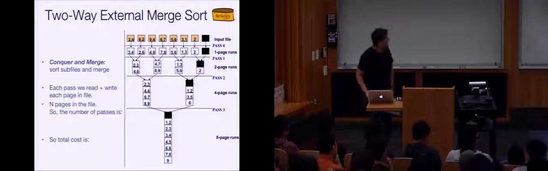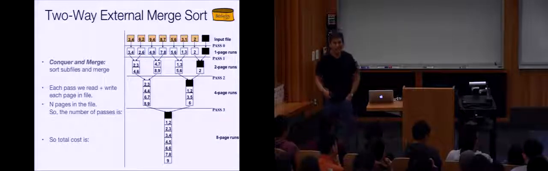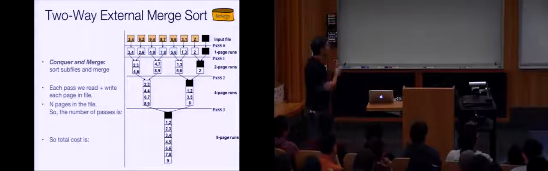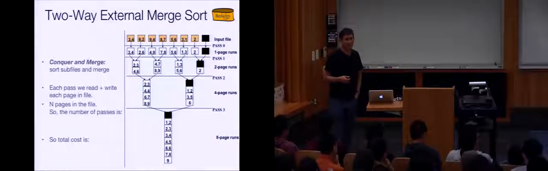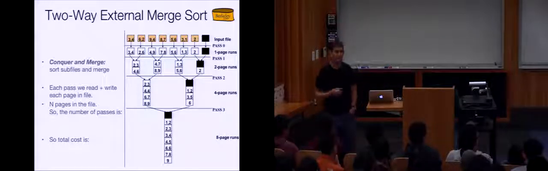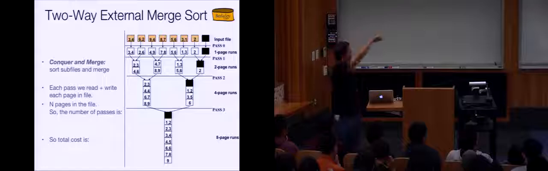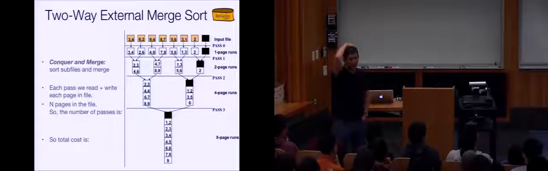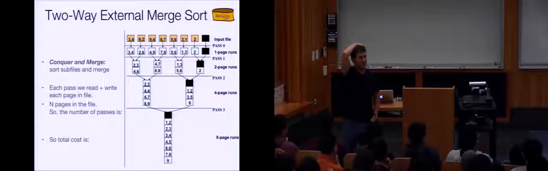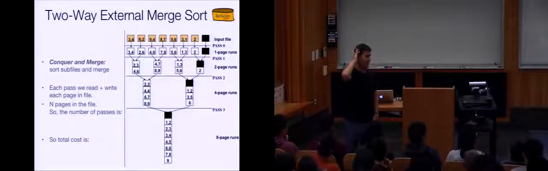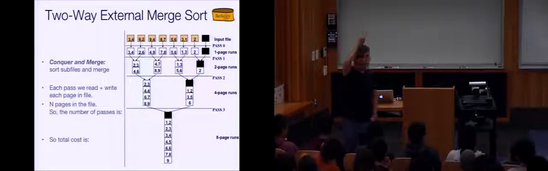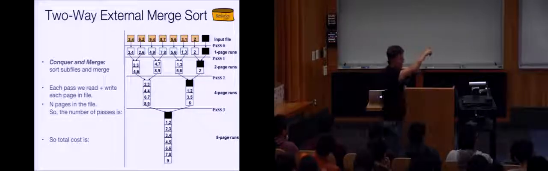All right, so let's think about the cost of this algorithm. There's n pages in the file, right? So the number of passes is what? How many passes, as defined here on this slide, will we take on this file? Shout it out. Log n, log base 2, right? This is just a tree that we're essentially building, right?